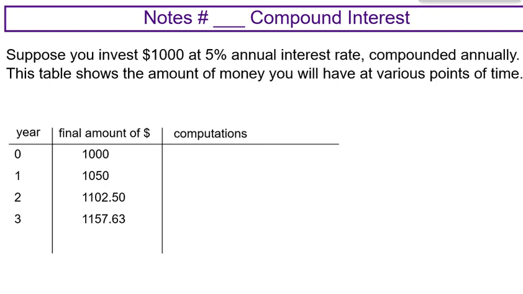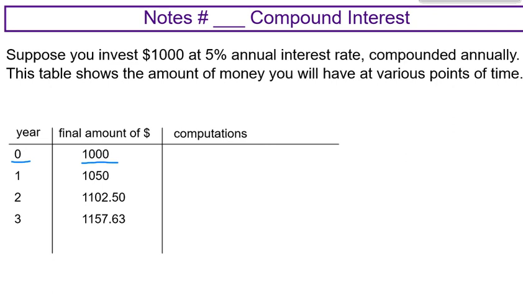Suppose you invest $1,000 at a 5% annual interest rate compounded annually. This table shows the amount of money you will have at various points in time. Compounded annually means once per year. At the end of the year, you earn your interest. Suppose you have just invested the $1,000, it's year 0, you have $1,000.